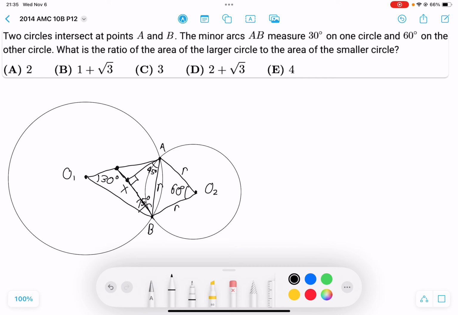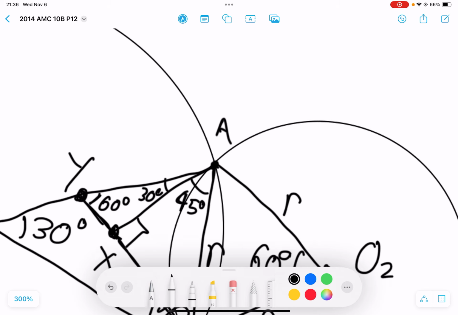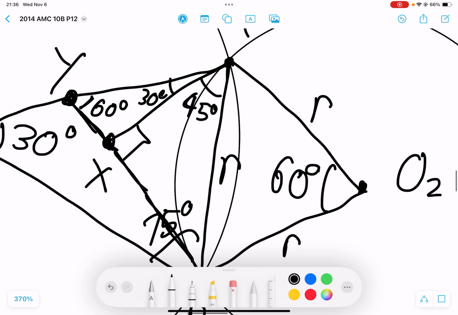So if we extend BX to AO1, this is Y, and this side we have 30 degrees, and this is a right angle, so this is 60 degrees, and we have a 30, 60, 90 triangle. Since AYX is a 30, 60, 90 triangle, let's zoom in onto it and see how we can use it.